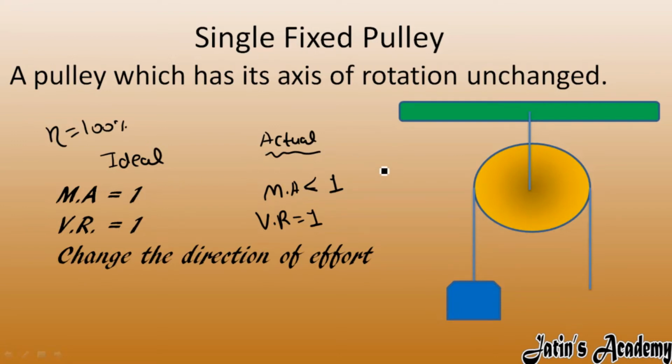Why? Because some effort is required to overcome the frictional losses. So there is a difference between the ideal fixed pulley and actual fixed pulley. Clear? Here only mechanical advantage gets changed, velocity ratio will not change in any case.